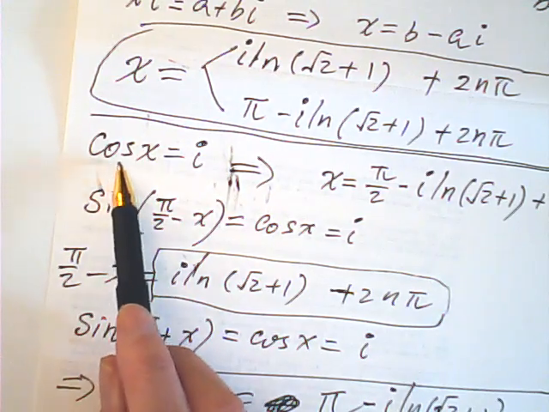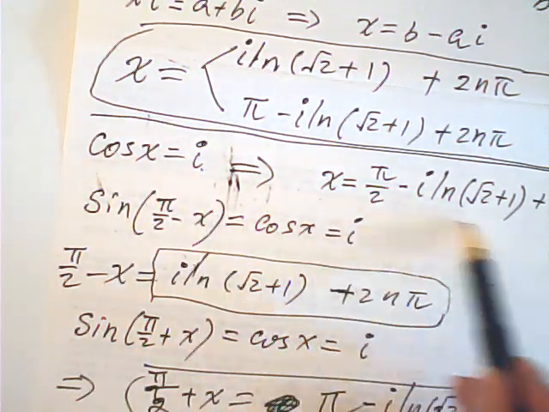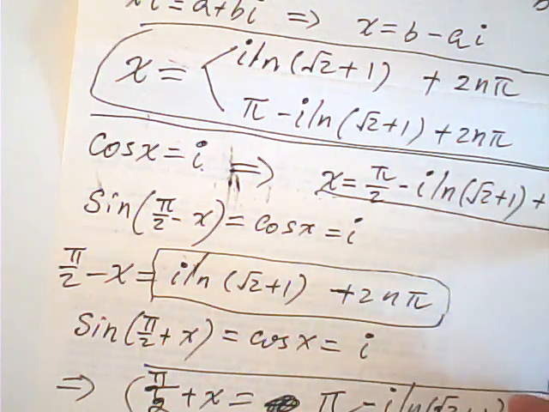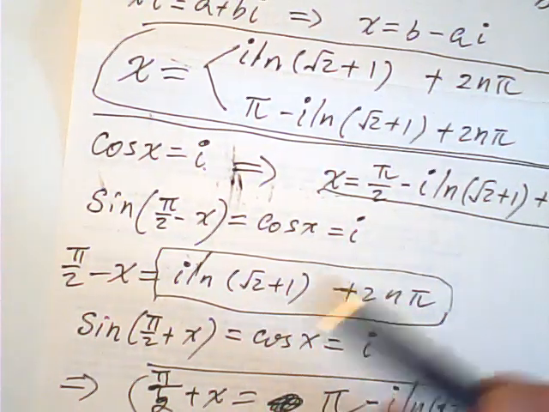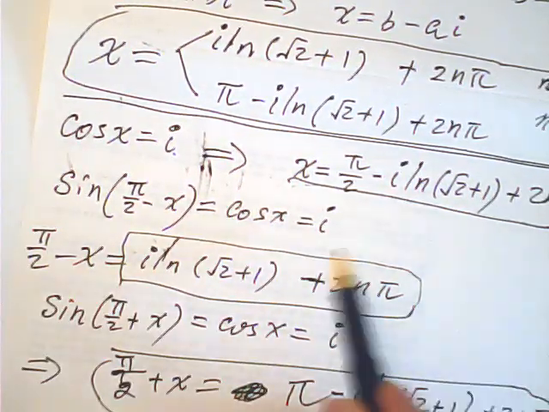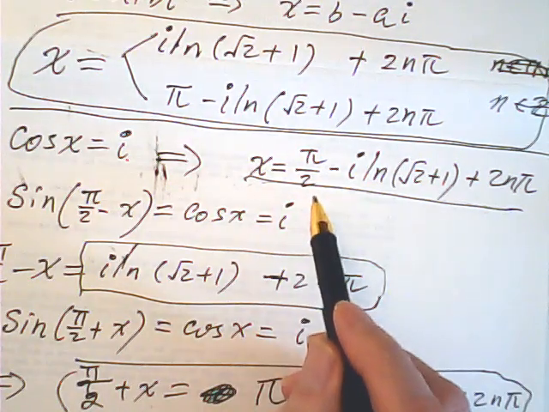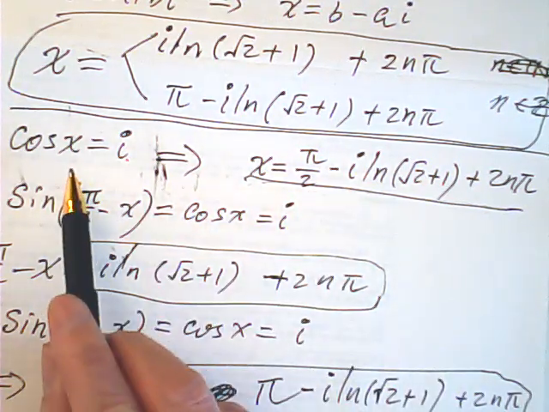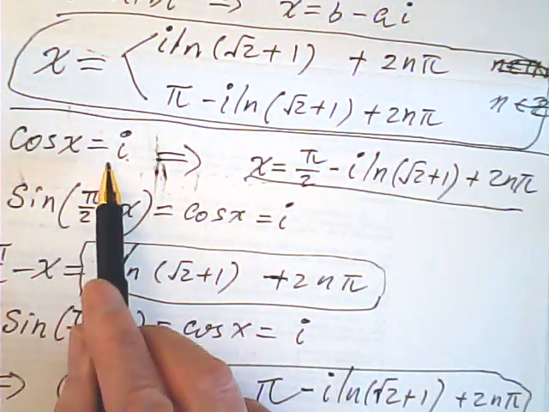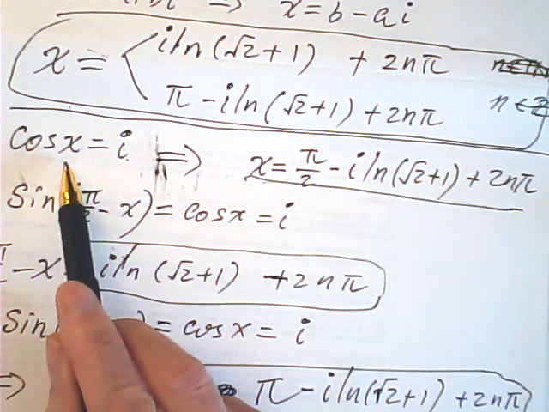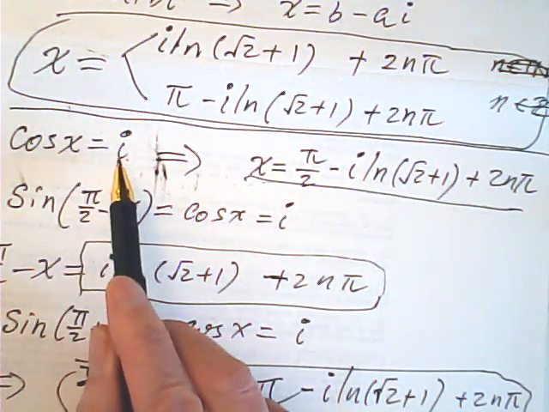Given that the solution to cosine x equal to i is known, you can see my video in the links below.